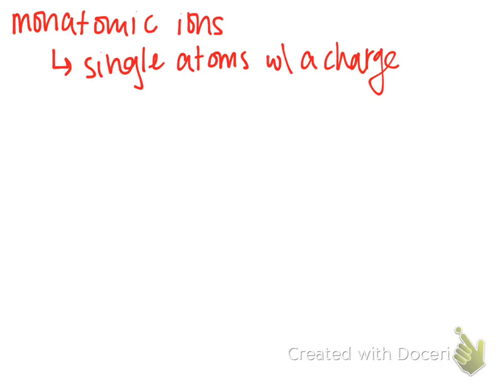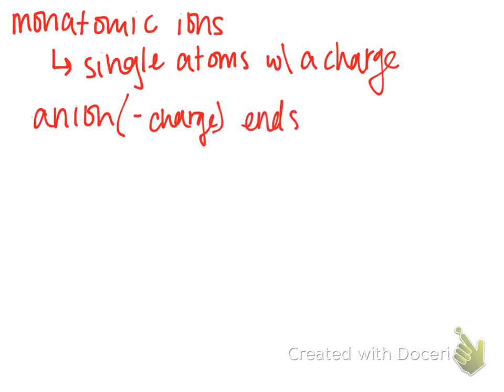The rule for naming monatomic ions is that an anion, or a negative charge, ends in -ide. If you have an atom name that ends in -ide, you know you're talking about the charged version of it.